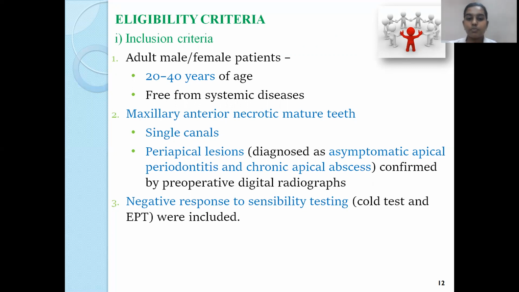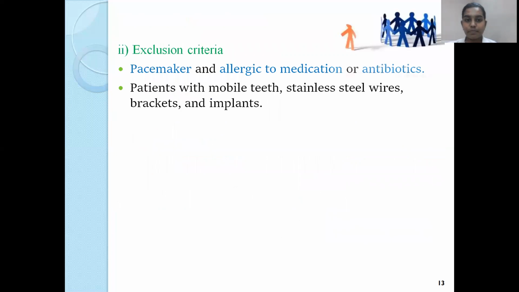And third, negative response to sensibility testing, that is cold test and EPT, were included. Exclusion criteria were patients with mobile teeth, stainless steel wires, brackets and implants, pacemakers, and those allergic to medication or antibiotics were excluded.